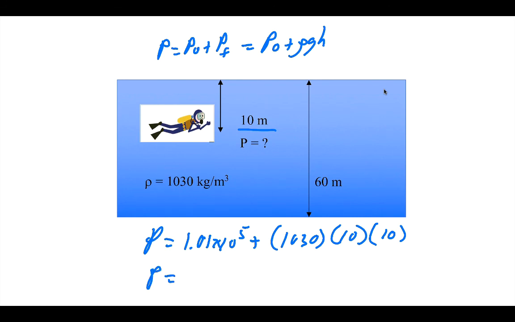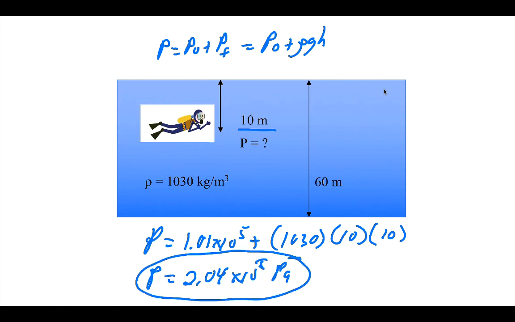And so the pressure the diver feels there is 2.04 times 10 to the fifth pascals, which you'll notice is about double what the atmospheric pressure is. So just going down 30 feet into the ocean increases your pressure twice as much as you would feel out in the normal air. Sometimes this would be referred to as 2 atmospheres of pressure.